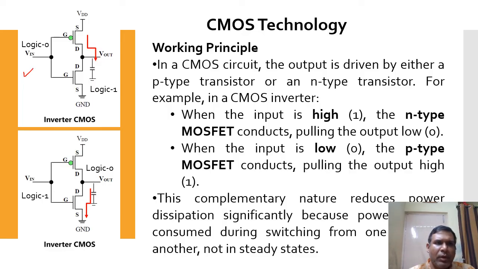Just now I told you, this is the P-type MOSFET for the CMOS circuit, and this is the N-type MOSFET. Here the gate terminals are connected together, and from that terminal we apply the input voltage, and at the drain terminal we get the output voltage.